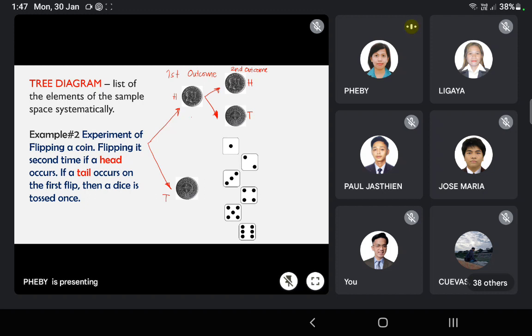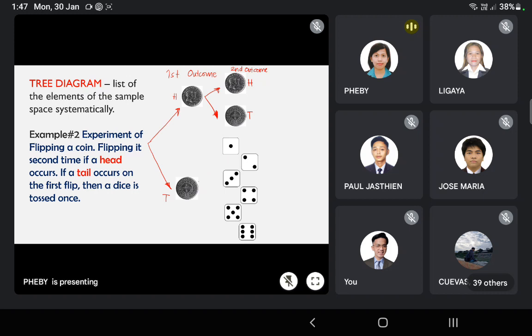Okay. So, going back naman, what if naman daw, tail yung lalabas? So, kung tail ang lalabas, we have to toss a die. Magto-toss daw tayo ng die. Okay. So, since tail ang lumabas dito, magto-toss tayo ng die. So, what are the possible outcomes na lalabas kapag nag-toss tayo ng die?